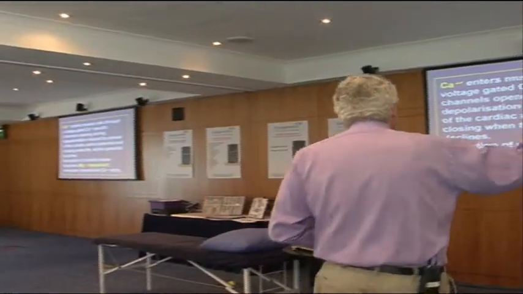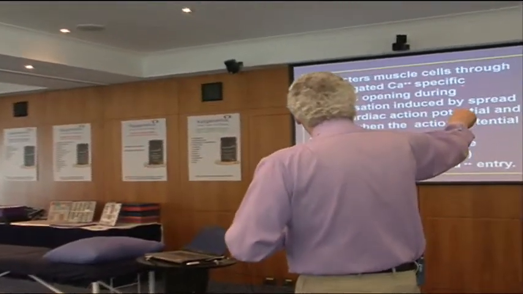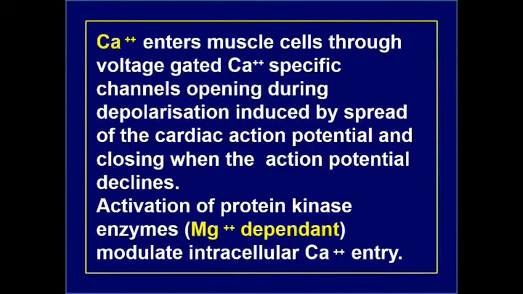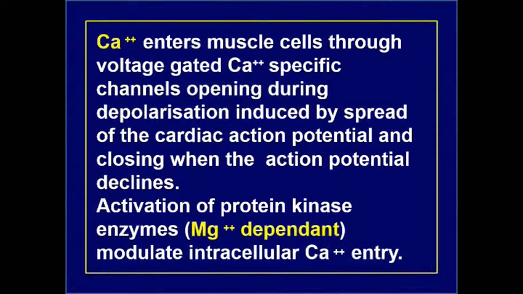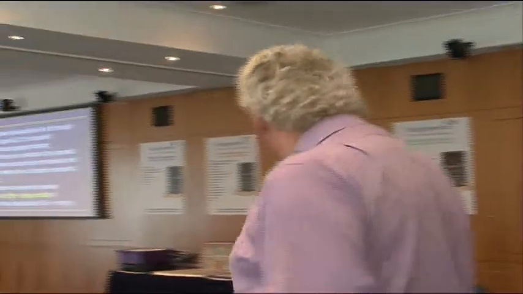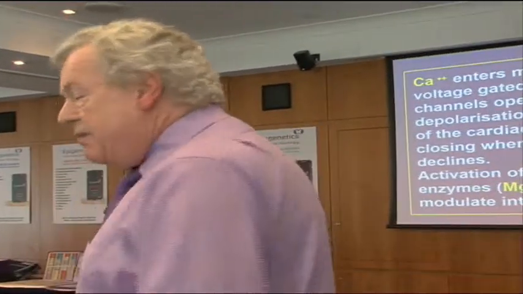And this regulation is through a voltage-gated calcium-specific channel, opening during depolarization, in other words, when the nerve comes down, induced by the spread of the cardiac action potential or from the pacemaker. Activation of protein kinase enzymes which modulate the intracellular calcium are magnesium dependent.